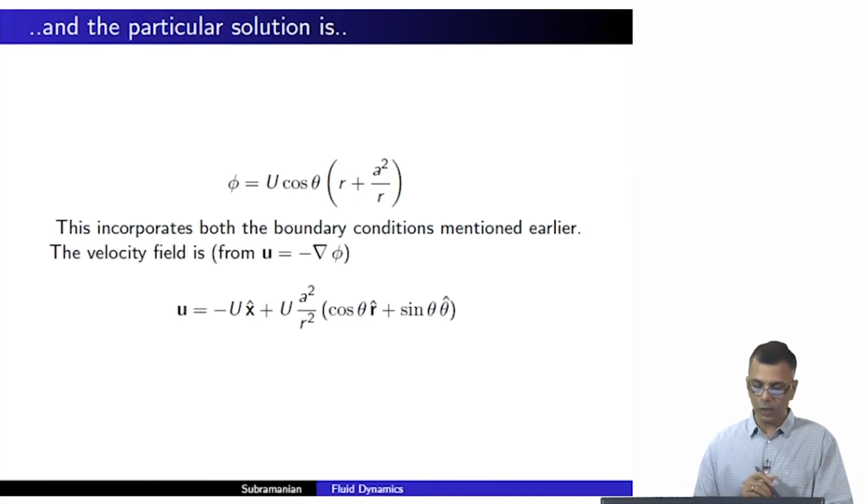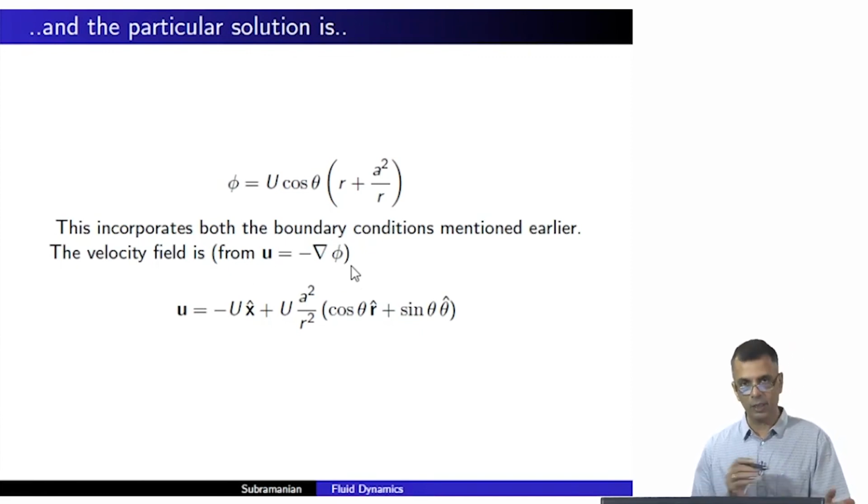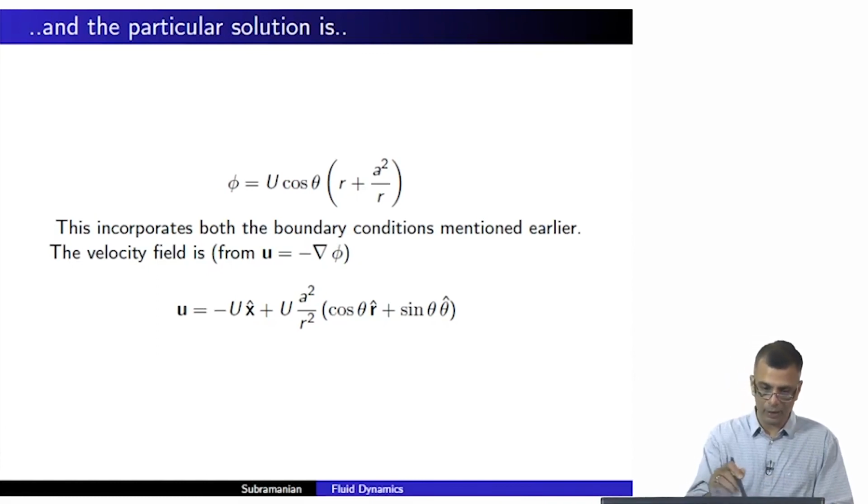Having gotten the potential, it's a simple matter to just take its gradient. You would have to take the gradient in spherical polar coordinates, obviously, and that's what it looks like.